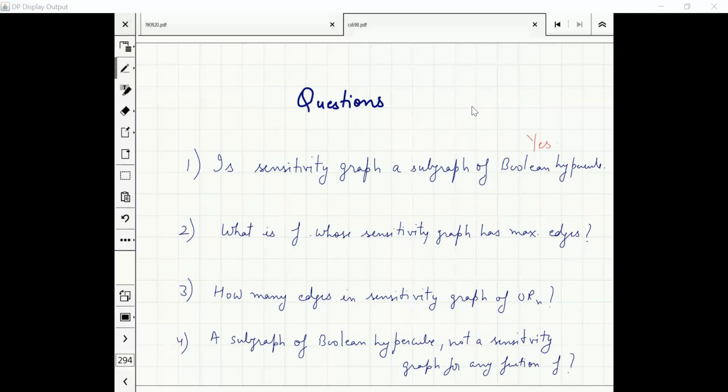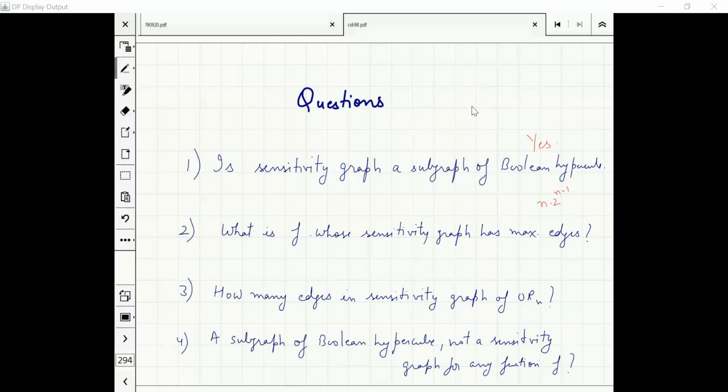Let me ask a question which is slightly more difficult. What is a function whose sensitivity graph has the maximum number of edges? The maximum possible number of edges is n times 2 to the power n minus 1. Is there a function whose sensitivity graph has all the edges of the Boolean hypercube? Parity, and its complement.